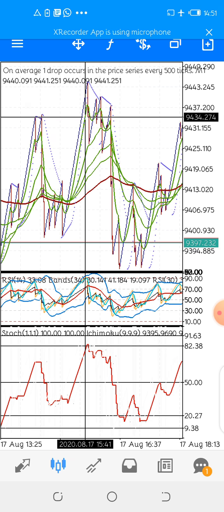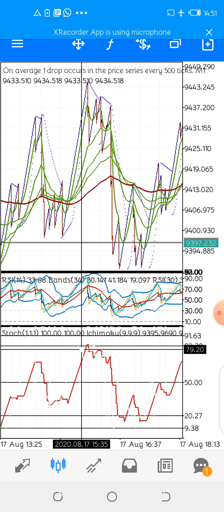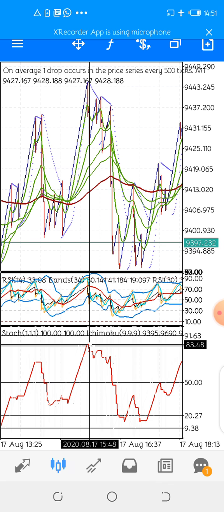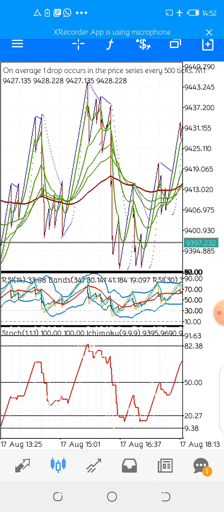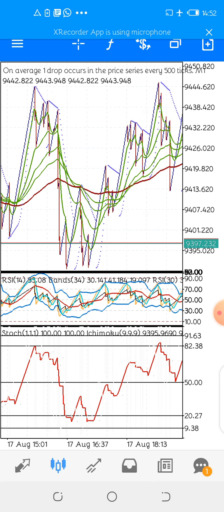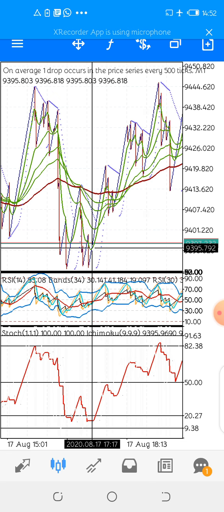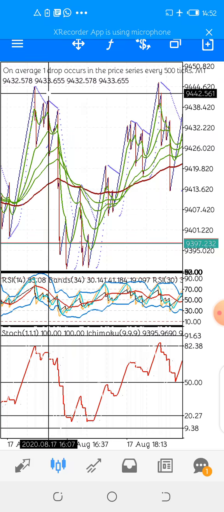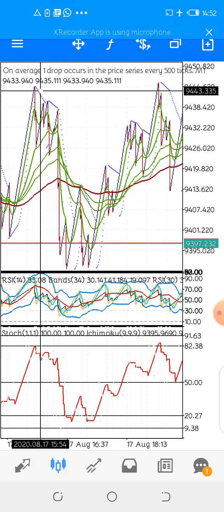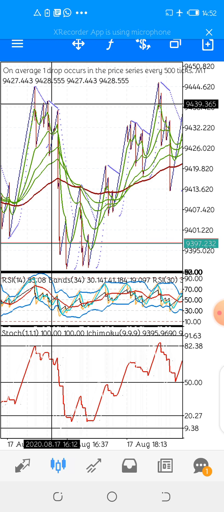I would have exited around that area. And on our Ichimoku, it was touching 80 at that time.